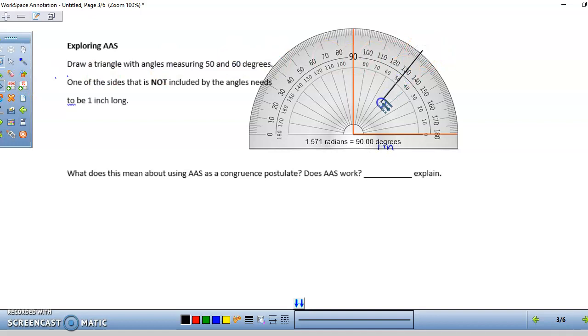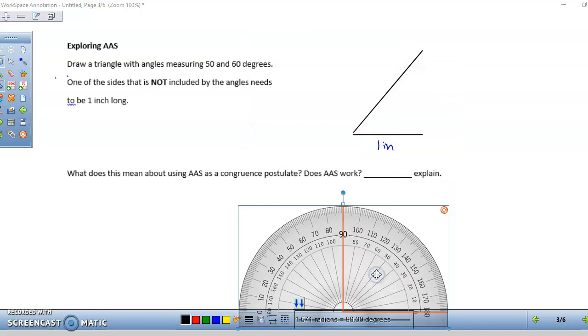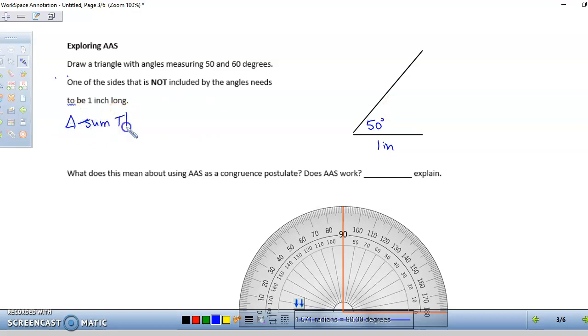So let's see. There's the 50 degrees. It's slightly off, but I'm sure it will be fine. The 60 degrees would come up from this end, but we have no idea where to put it in order to have that ray exactly intersect here. So what we are going to do instead is use the Triangle Sum Theorem, which states that the three angles of a triangle have to add up to 180 degrees.